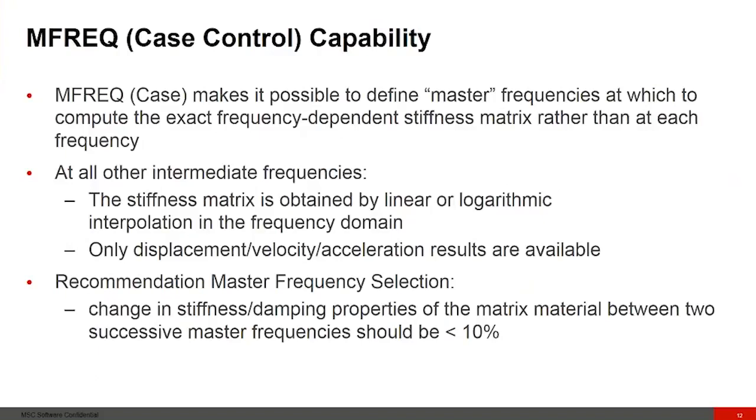At all the intermediate frequencies between the 2 subsequent master frequencies, the stiffness matrix is calculated by linear or logarithmic interpolation. We're also mentioning that only displacement, velocity, and acceleration results are available for those. Our recommendation for MFREQ selection is that for the 2 subsequent MFREQ master frequencies that you select, the change in stiffness and damping properties should be less than 10%.